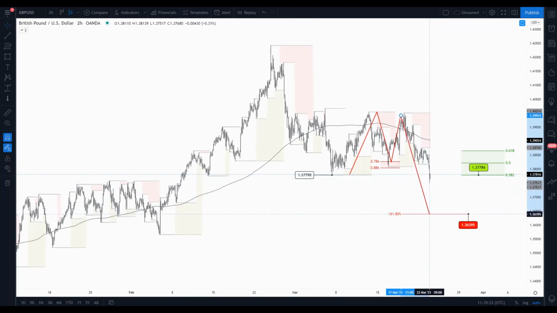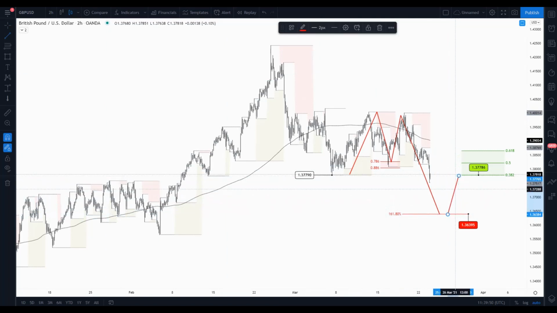I assume if the market decides to violate this level, it may find some pressure at the golden Fibonacci, which will complete the bullish crab pattern. By default, the crab pattern will suggest a retracement or a bounce from this price zone towards the 38% Fibonacci retracement level.